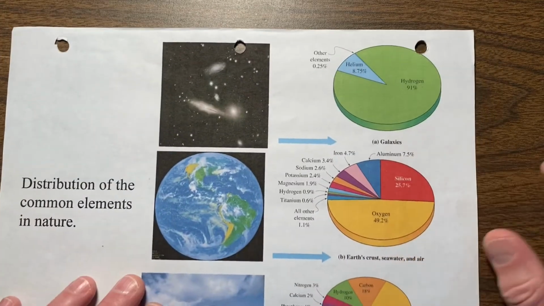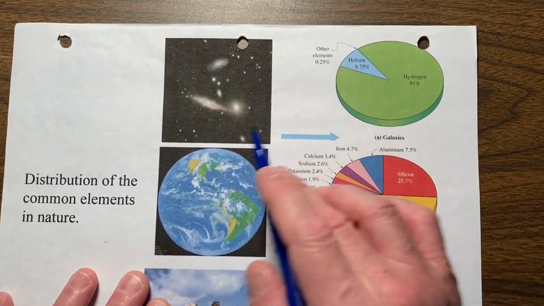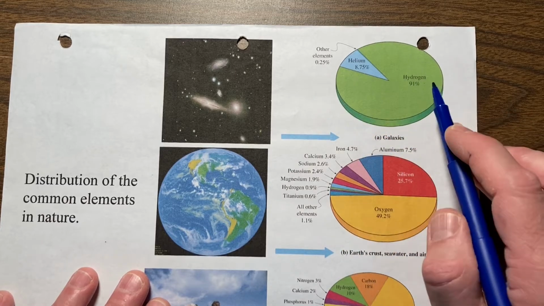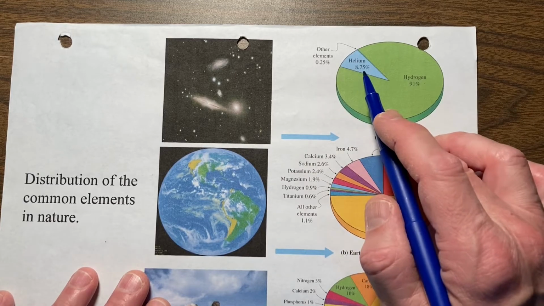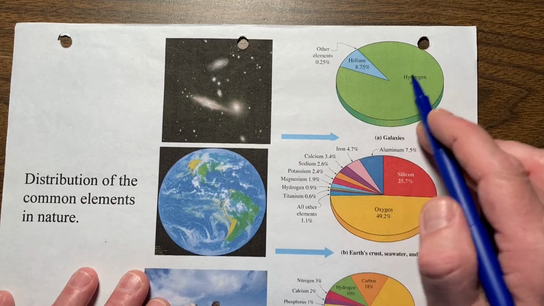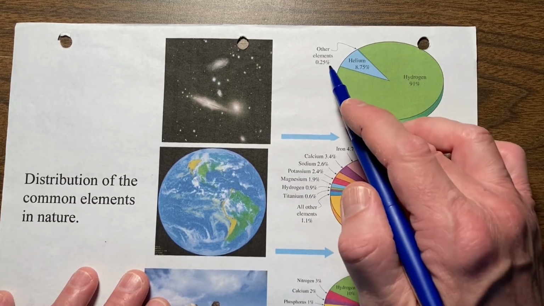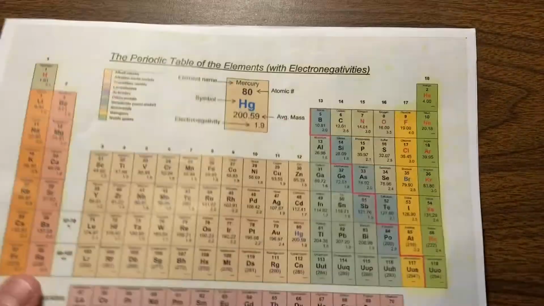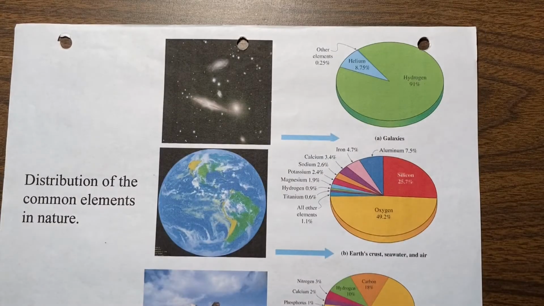And if you look at the makeup of the universe, like I said, most of the known universe is made up of about 91% hydrogen, about 8.75% helium. That's what's in stars, and the rest of the elements in this periodic table make up only 1/4% of the entire universe.